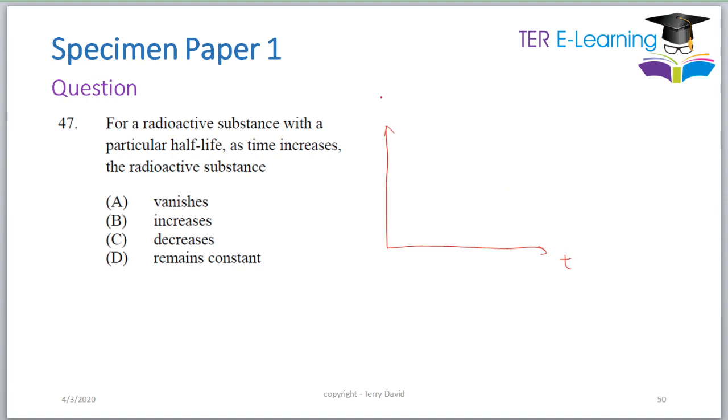So this is time, and let's say this is number of atoms. So this could be number of undecayed atoms. It can also be activity, right? Those are the two things we can plot against time.